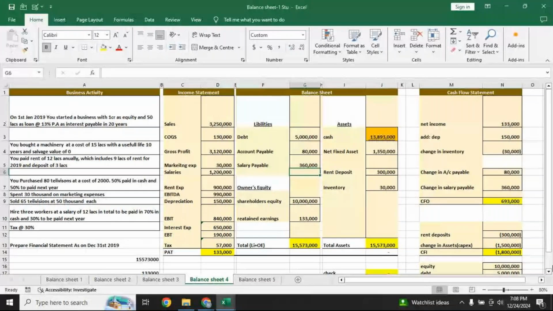Purvika. Present, ma'am. Harshita. Present, ma'am. Harshita, the day before yesterday, did you attend the class? No, ma'am.